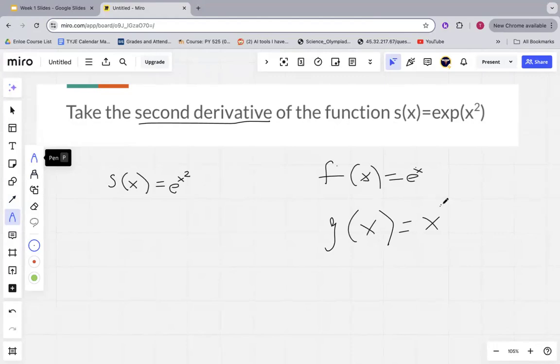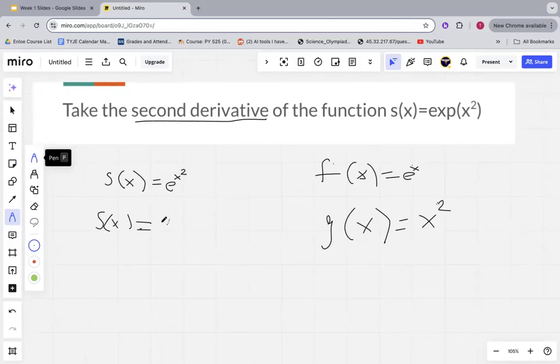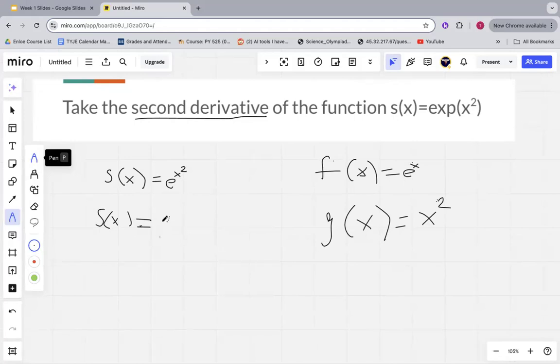Now we have s of x equals f of g of x, sorry.